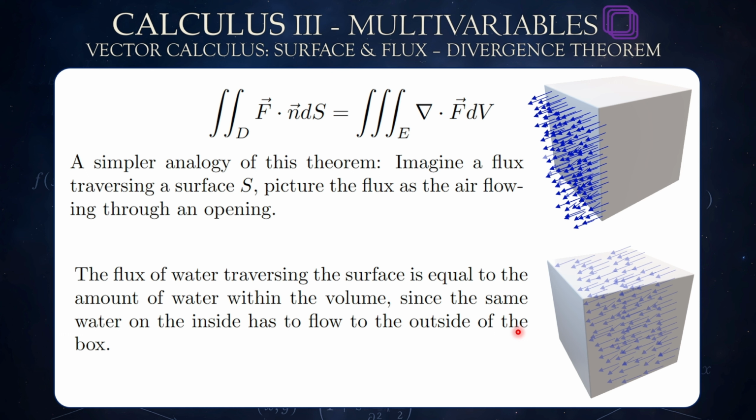This is the concept here. So the flow of a fluid going through a surface is equal to the actual flow that is trapped within the volume, dripping that flow outside through that surface opening. This is the concept of the divergence theorem.